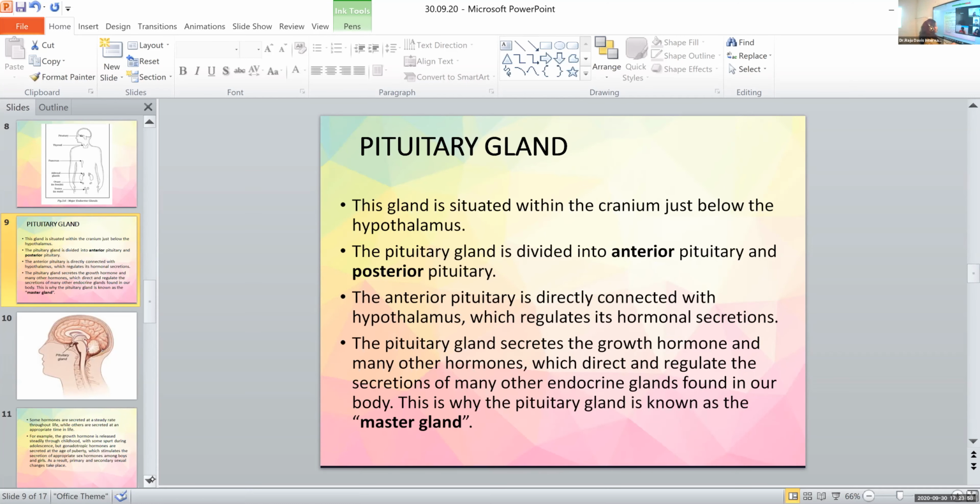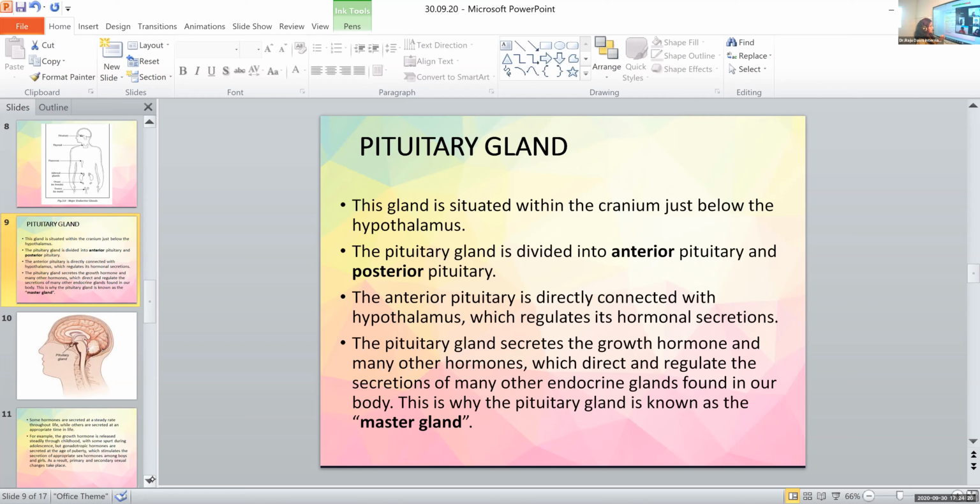Why is the pituitary gland known as the master gland? Because it secretes so many hormones, and one among them is the growth hormone, which helps in the growth of human beings. Then it secretes several other hormones which send messages to other endocrine glands to secrete their own hormones.